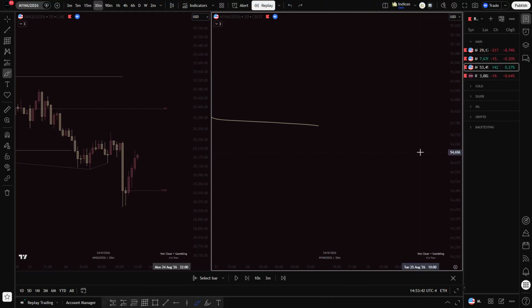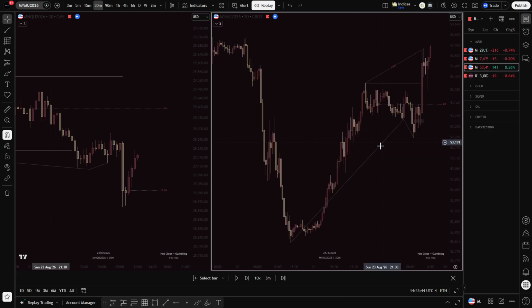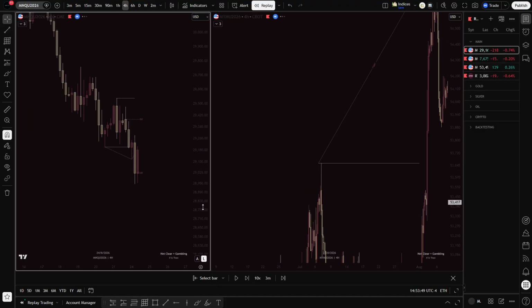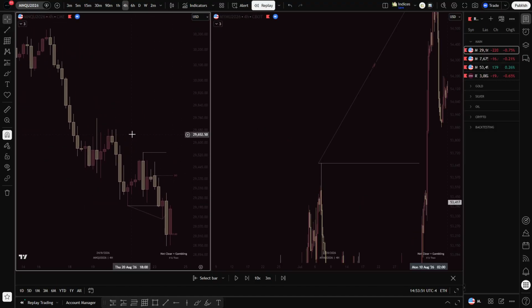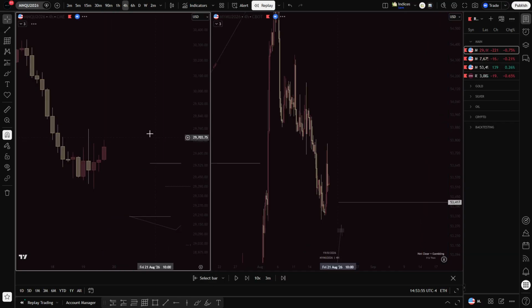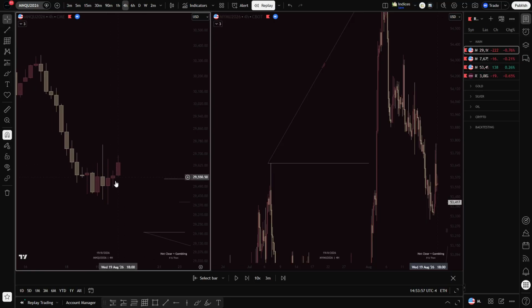There's actually some good examples of that here in Asia. Recently, like recent PA. Like right here, for example. Let's say it opens up with a consolidation.